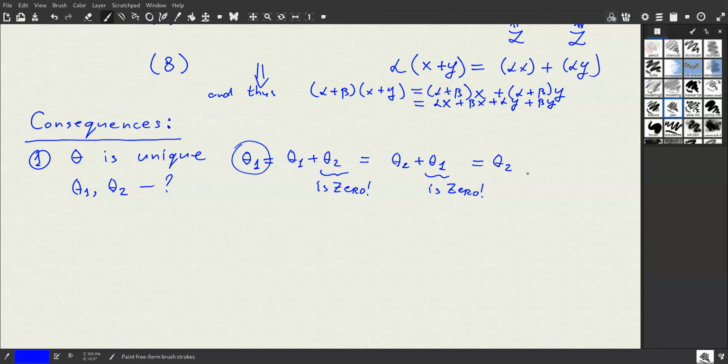Therefore theta 1 is equal to theta 2. If there are 2 zeros, then they're equal. Therefore there is only 1 zero, right? That should be funny enough.